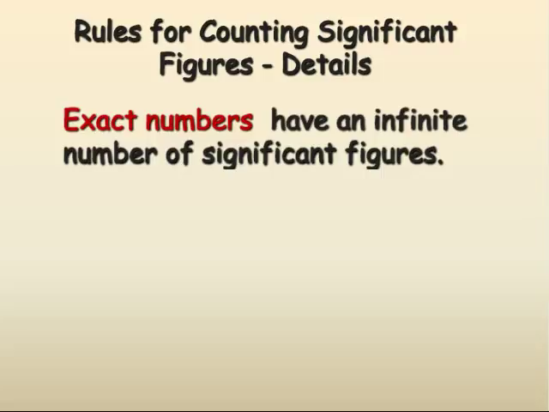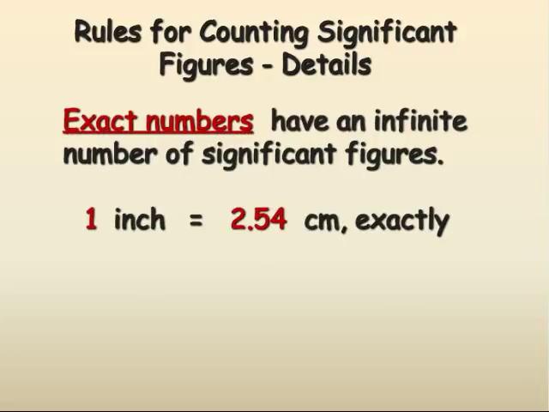Exact numbers. Okay, this is going to come into play a little bit when we're trying to consider significant figures, which we will be doing all course. Exact numbers have infinite numbers of significant figures. They do not hinder the number of significant figures that you have. One common mistake is the conversion factor used to go between inches and centimeters. 1 inch is exactly equal to 2.54 centimeters.